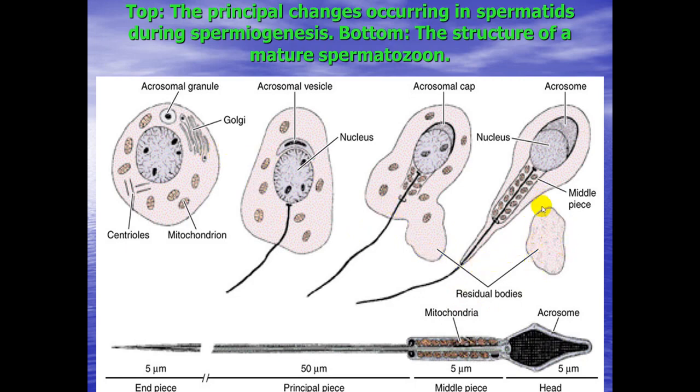Lysosomes of the Sertoli cells utilize this excess cytoplasm of the sperm cells. So after these 4 stages appears the mature sperm cell. You see its configuration on this scheme.